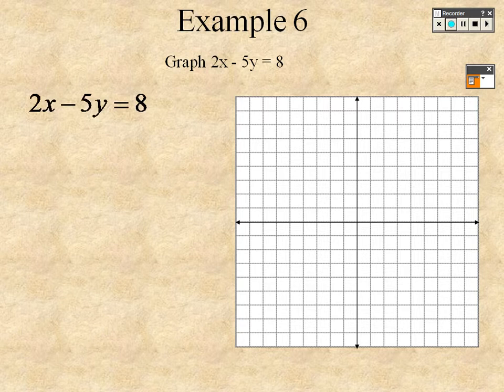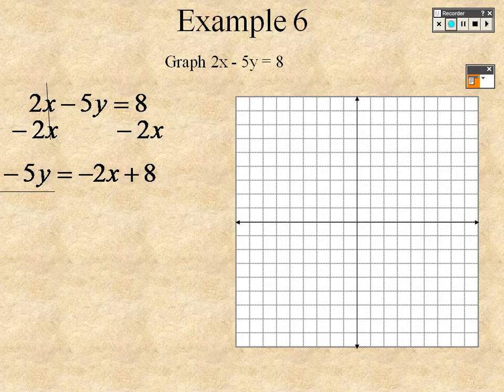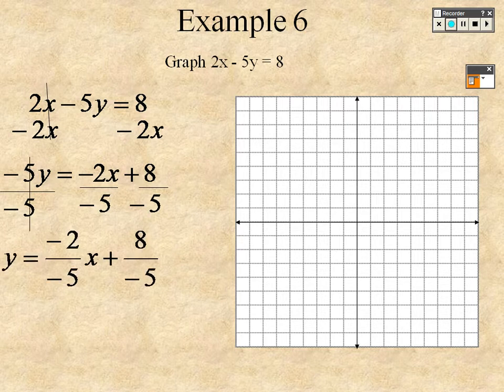Example 6, to graph this, there are a couple ways, but I'm going to write it into slope-intercept form. So I subtract 2x to get y by itself. Divide both sides by negative 5. And we end up with a positive 2/5 x minus 8 over negative 5.